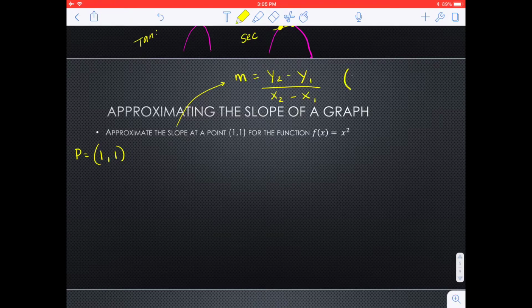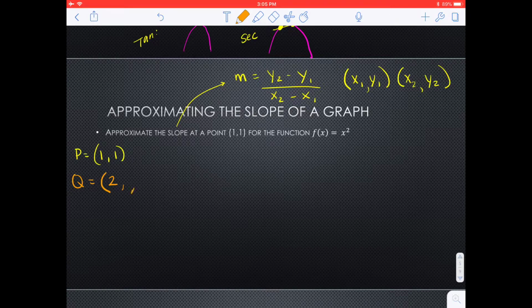This requires me to have an x1, y1 coordinate point and an x2, y2 coordinate point, so I need 2 separate points. As of right now, I have 1 point, (1, 1). So I need to find a point Q, and the way I'm going to find that is by picking an x value. So I'll pick 2.